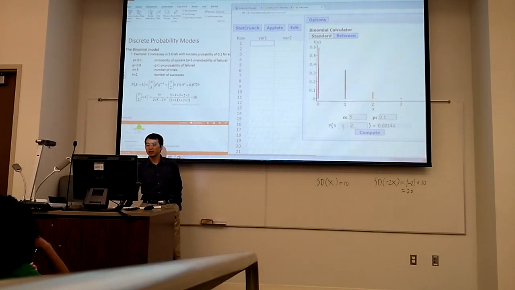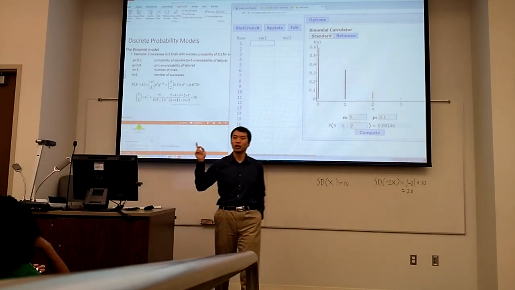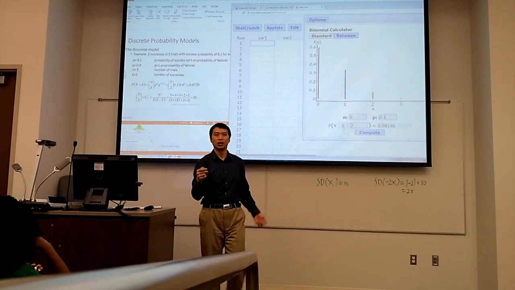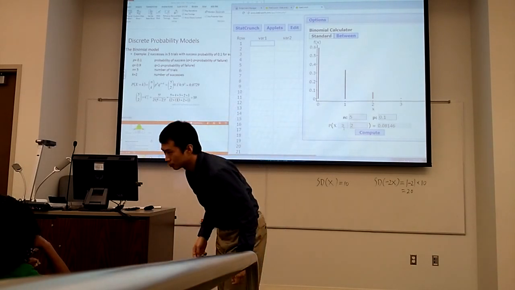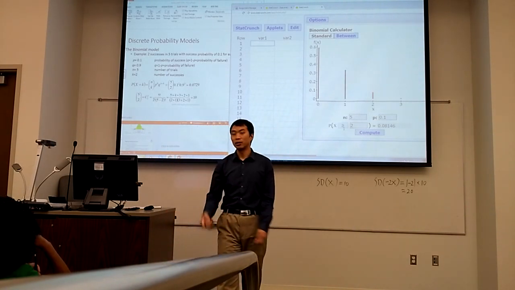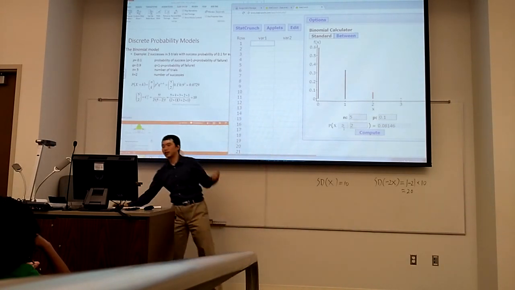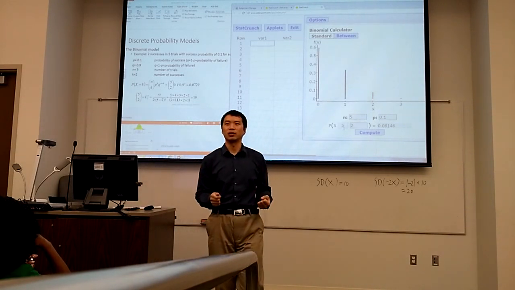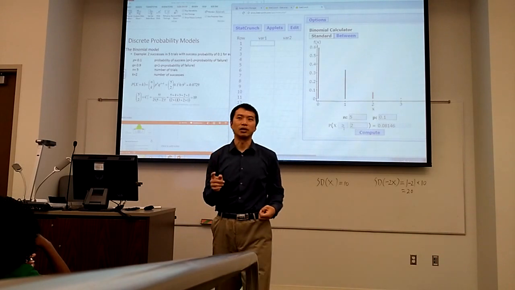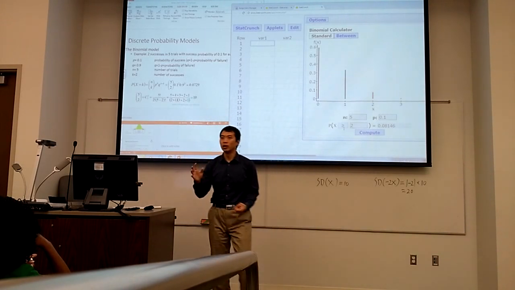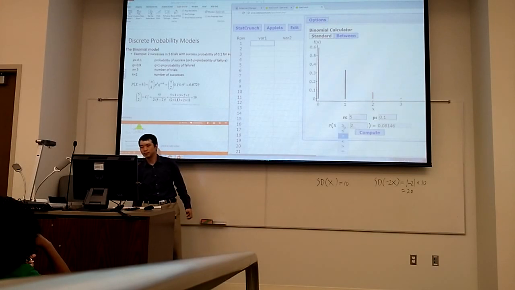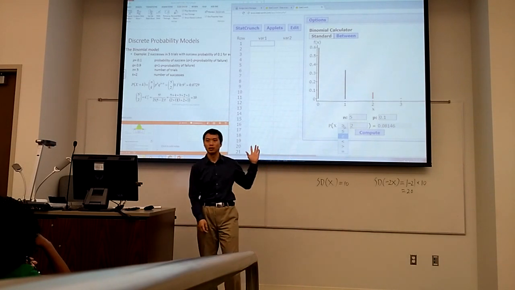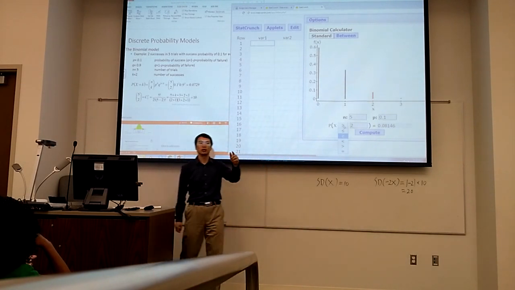Greater than or equal to, right? That really depends on how the question is worded. You may have questions asking for exactly 2 successes or 3 successes, or at least 2 successes, or no more than 3 successes. That's when you have to change this from equal to greater than or less than and so on. Any other question?